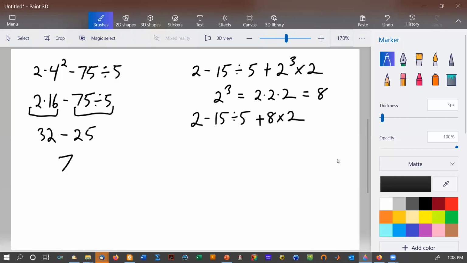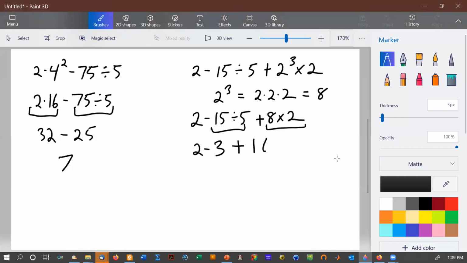Now we do divisions and multiplications first, proceeding left to right. So 15 divided by 5 is 3, plus 8 times 2 is 16. All right, and now we can do the first subtraction. 2 minus 3 is minus 1. So this is minus 1 plus 16, and this is 15.